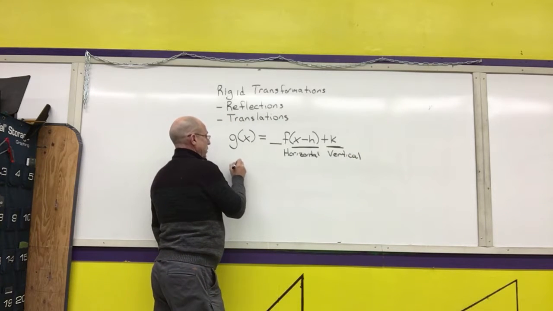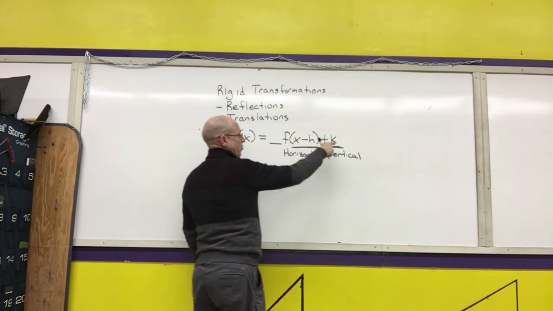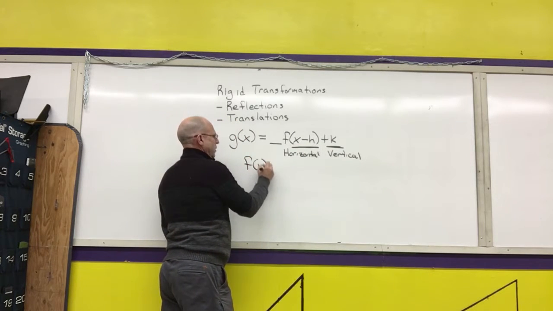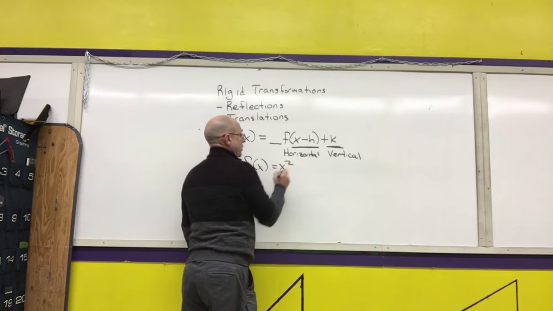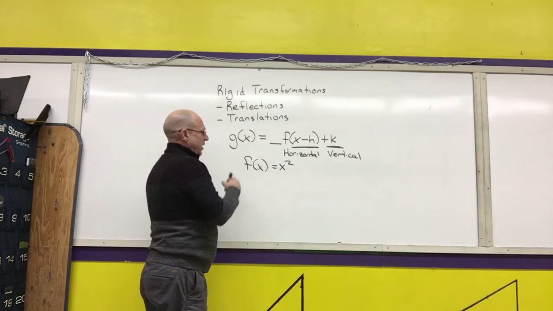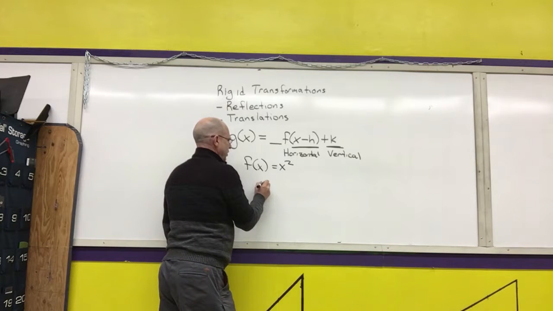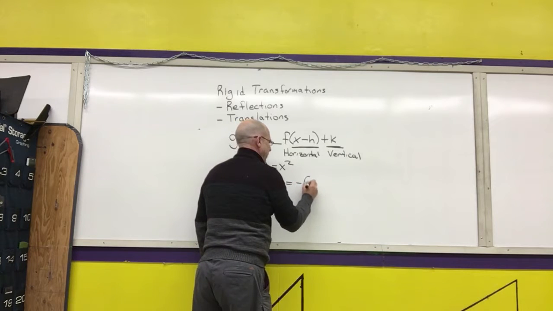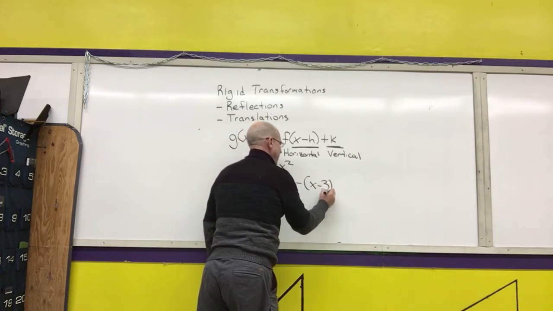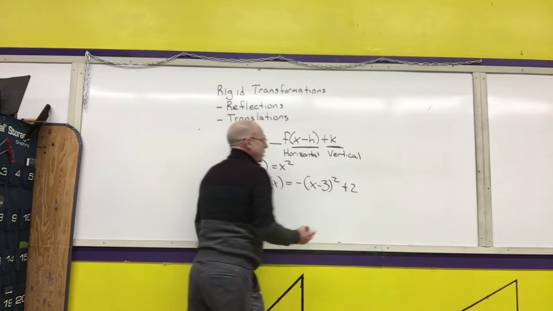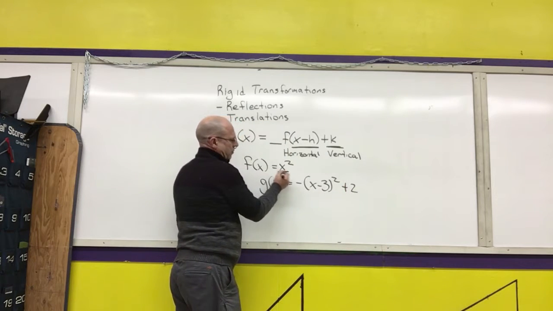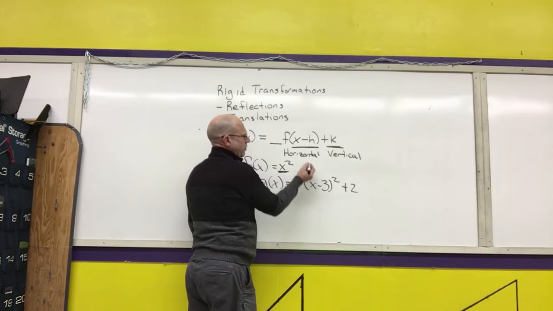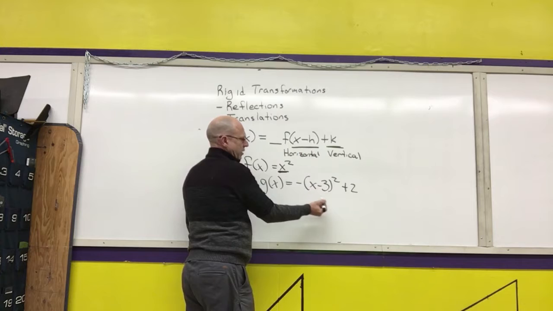You should remember from when we discussed quadratics in vertex form, if my original f of x is equal to x squared, you can see that transformation, that if I have a function g of x is equal to negative x minus 3 squared plus 2, this is the same parent function, y equals x squared, that has been shifted 3 to the right because of the negative sign.